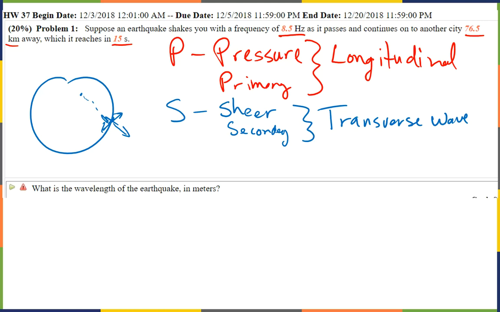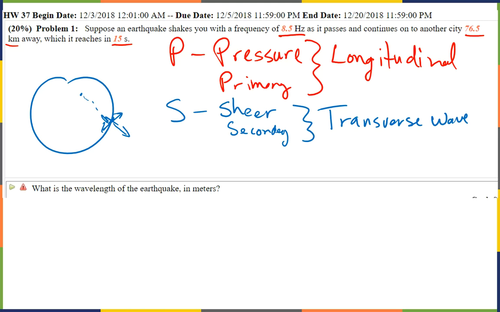They can track how long it took for each type of wave to get to each location, and then calculate where it traveled and how the speeds varied. So it's almost like they're doing a CT scan of the earth every time there's an earthquake, or every time some rogue nation detonates a nuclear bomb. You know, North Korea was doing that on the weekly a few years back. And so anytime that happens, all the scientists are gathering data. That's how we know about what's going on inside the earth.